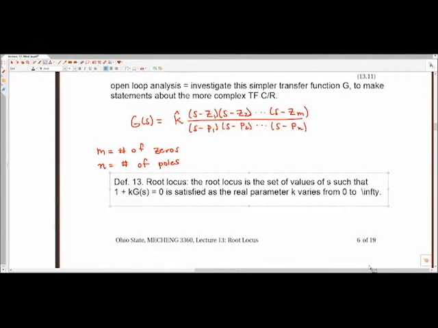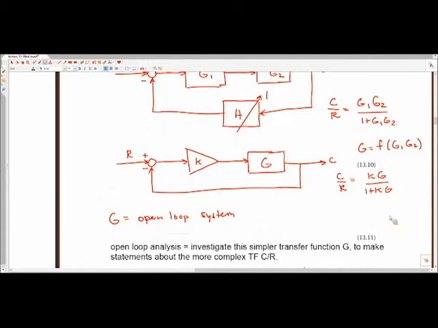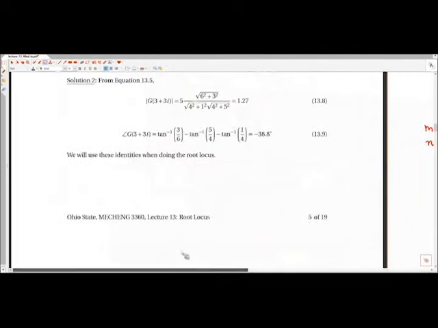Okay. So if we look at this transfer function C over R, if we look at the denominator, all right, so this is our transfer function for C over R. So the root locus, we're trying to understand the roots of 1 plus kg.